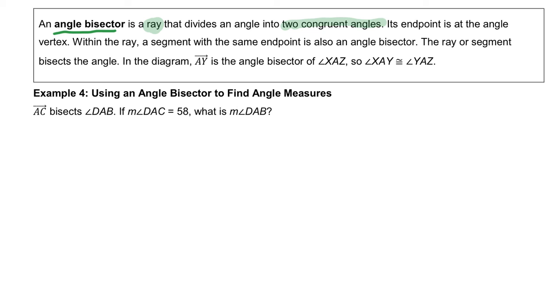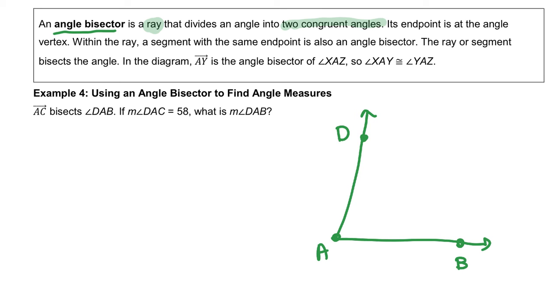It says ray AC bisects angle DAB. If DAC is 58, what is DAB? So what I want to draw is angle DAB. We're just going to draw an angle, and it's not going to be to scale. It's not going to be the right measure. I'm just drawing it for an illustrative purpose here. DAB, okay?